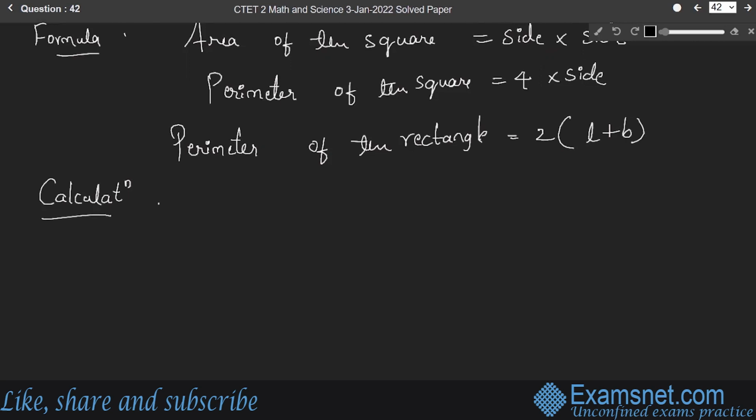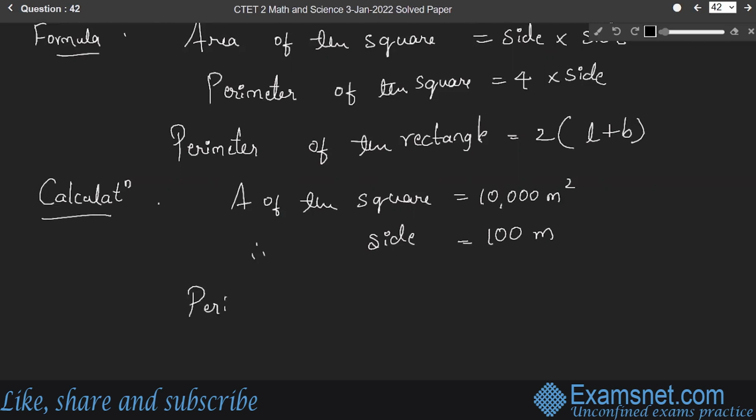Here, since the area of the square is equal to 10,000 meters square, its side becomes, therefore side is equal to 100 meter, because area is side into side, so its square root is 100 meter, right?